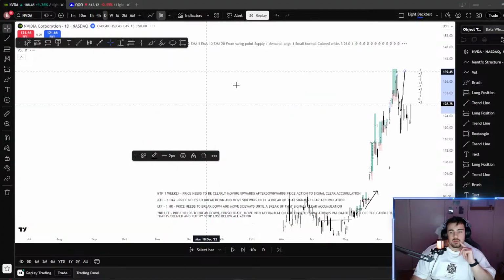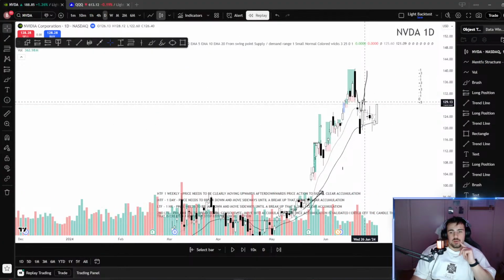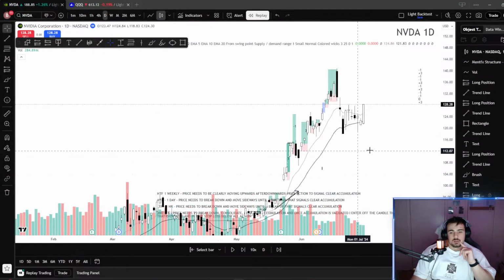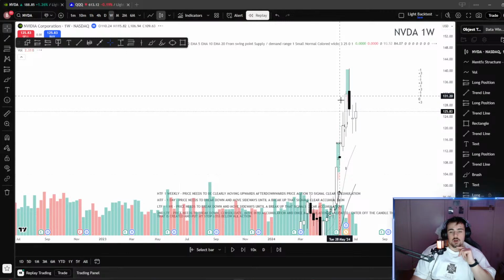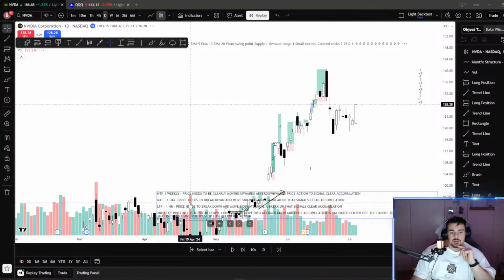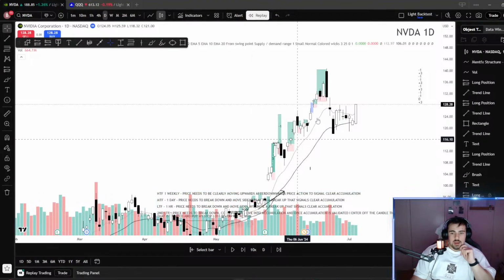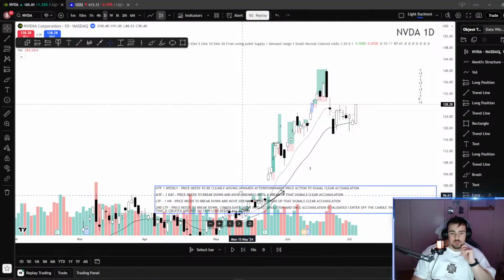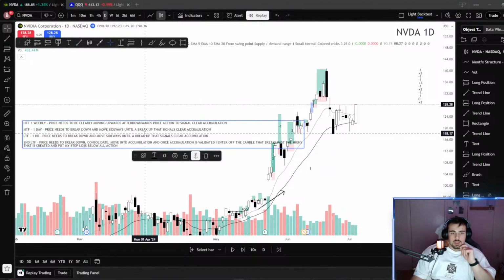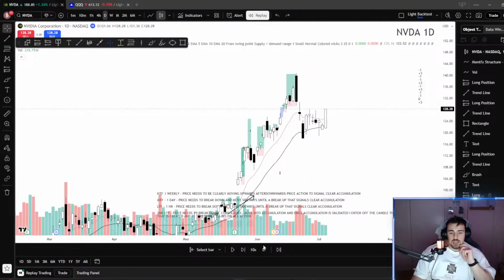Does the daily look bad? Daily fails. So we're actually in a weekly pullback now because that daily broke down and now it's moving sideways. So for my daily rule to be met, we need a breakup that signals clear accumulation from this sideways price action. So breaks up.